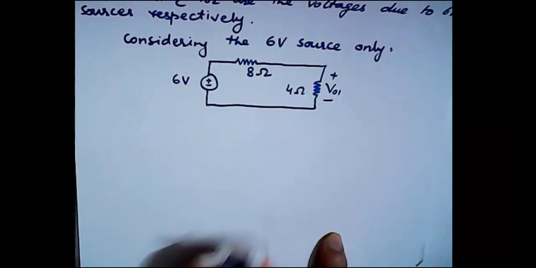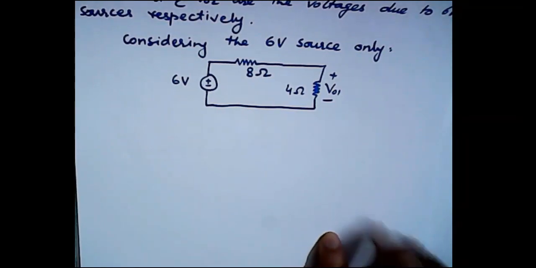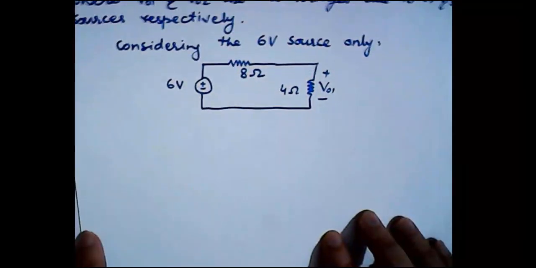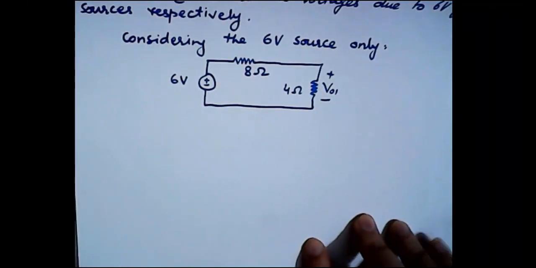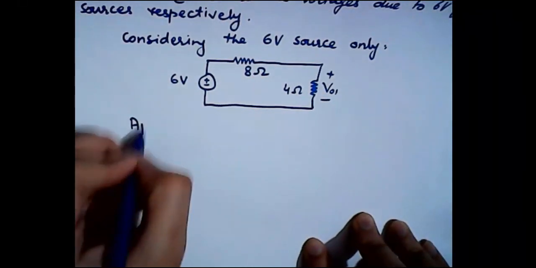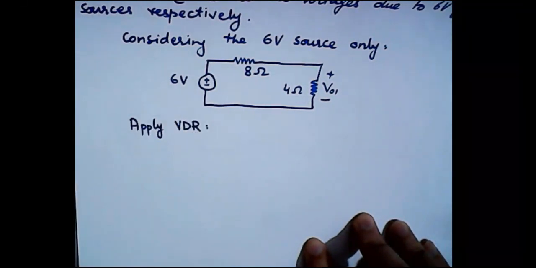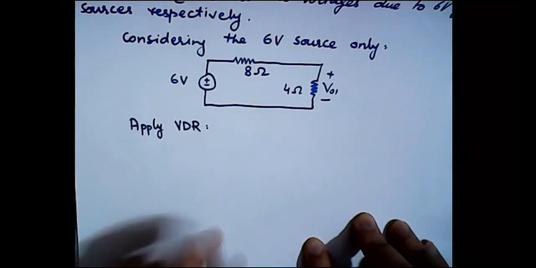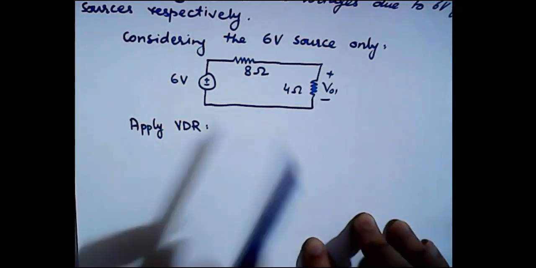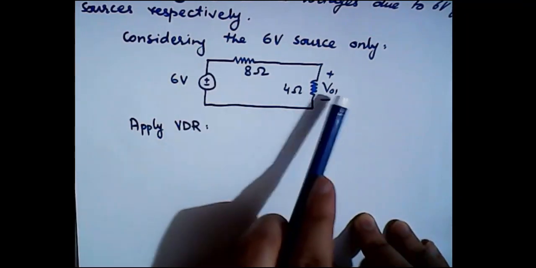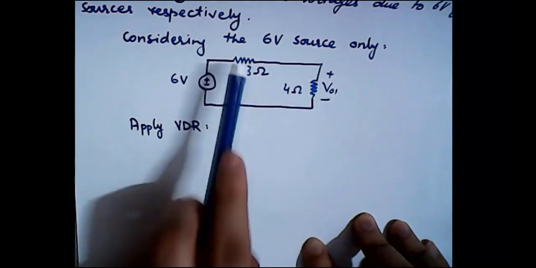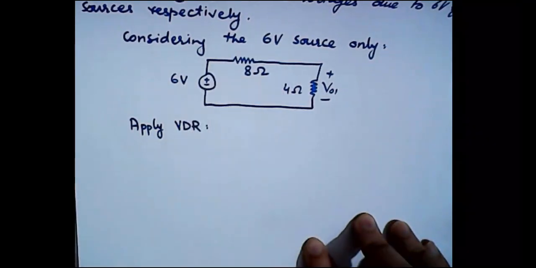So we just want to apply the voltage divider rule, that is VDR, in this case. So just write applying VDR, and since we only want to calculate the voltage across one resistance, there is no point in finding the voltage across the other resistance.